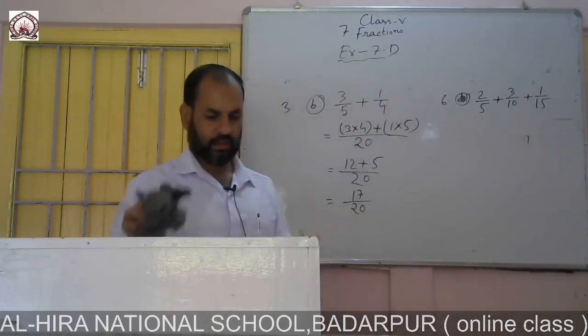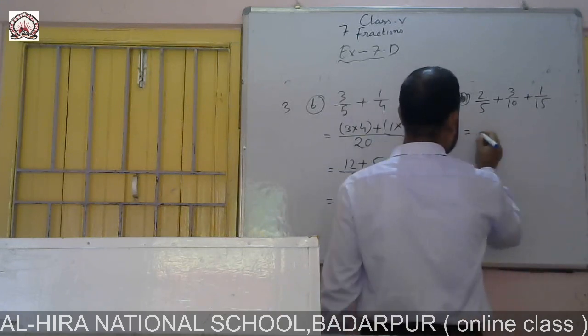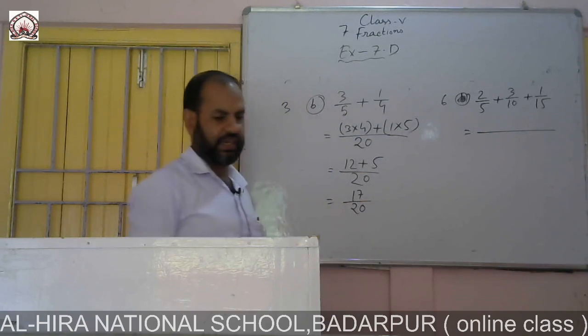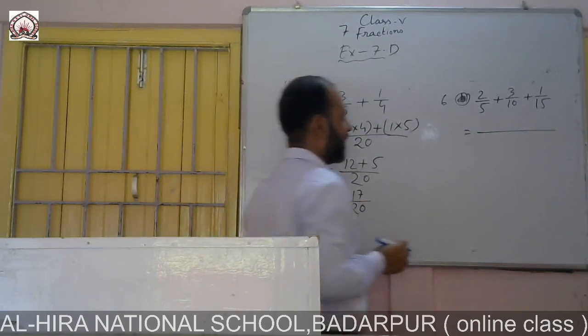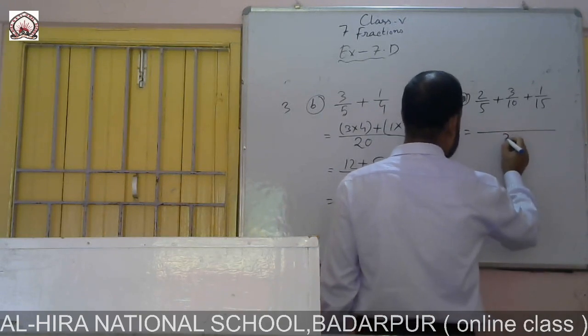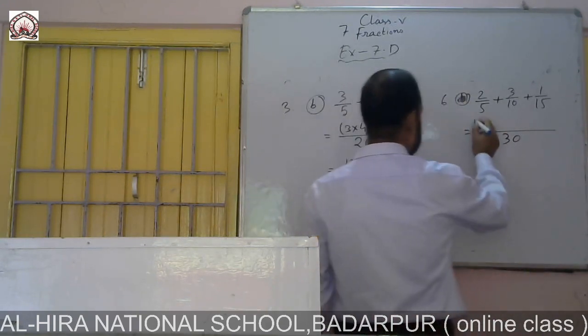So we take the LCM of 5, 10 and 15. You take out the LCM. LCM is 30. LCM is 30.